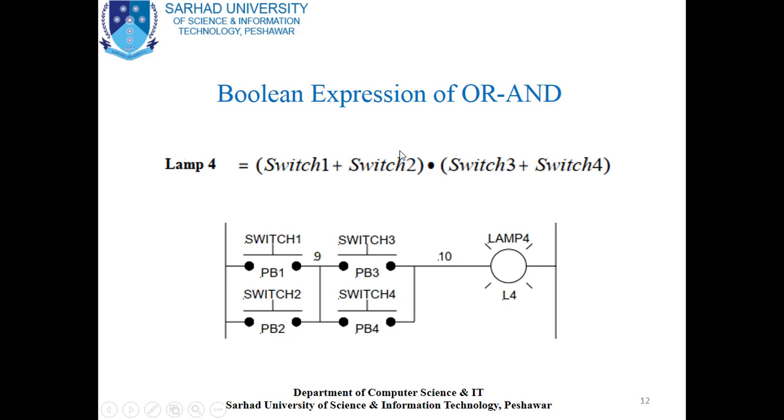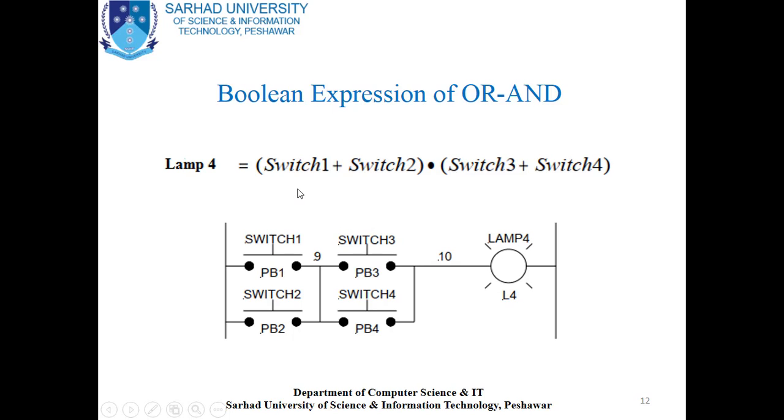If we press switch 2 and switch 3, it will also be turned on, because the power will flow from this direction and go further in this direction, and then lamp 4 will be turned on.